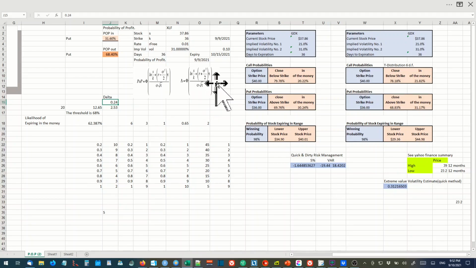Now, that's the delta formula, and it's very close to the probability of profit formula. The two are very close at the moment, as you see, 31 and the delta 24. It's still not that close.